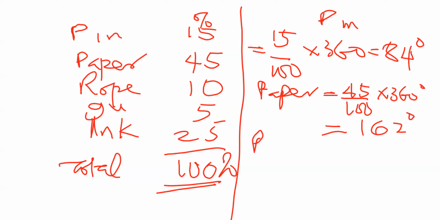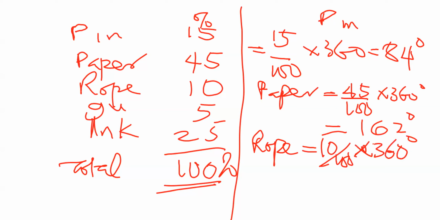Then we'll have rope, 10% times 360 degrees. That should be 36 degrees. Is that correct? Yeah, it's correct.